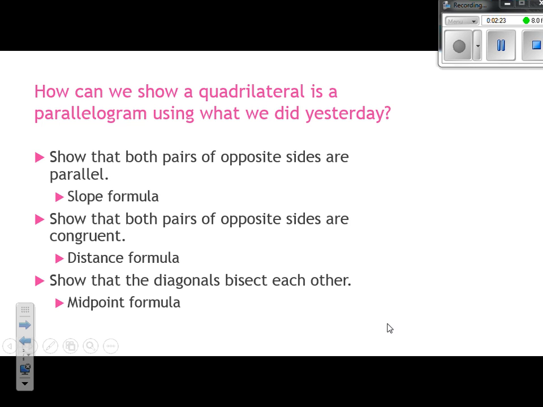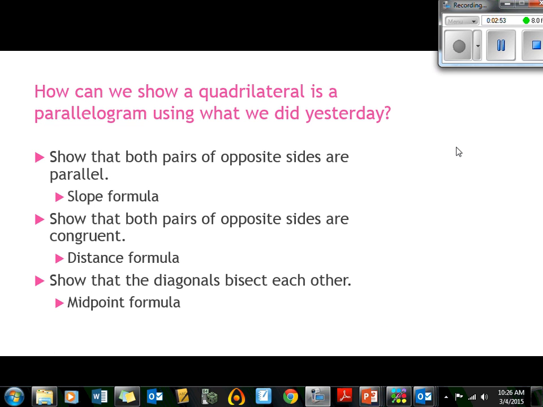And so that would be using the midpoint formula. The midpoint formula is going to help us determine if a quadrilateral is in fact a parallelogram. So we need these three formulas. They are tools to help us with today's lesson on coordinate geometry and determining if a quadrilateral is a parallelogram.